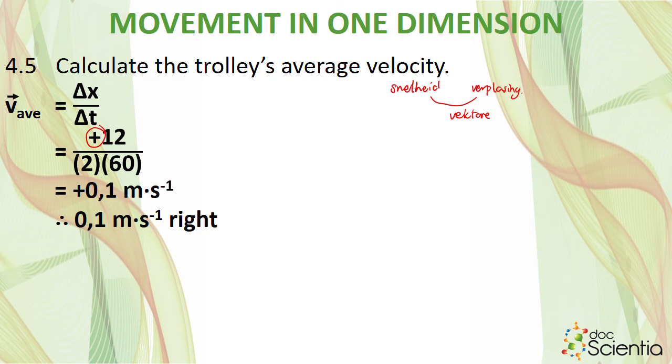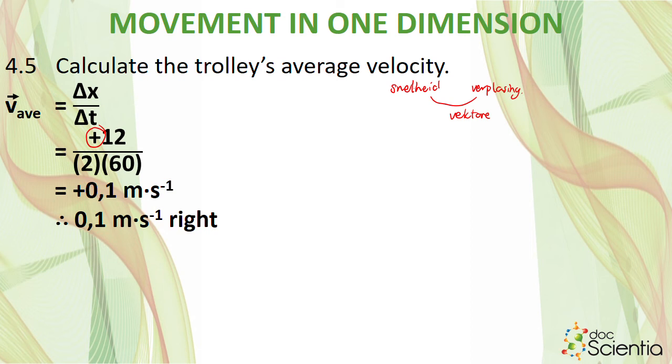So as sy byvoorbeeld 12 meter na links geëindig het, dan moet jy seker maak jy sit dit in jou antwoord so. So the number positive 12 is the displacement, want sy het mos soontoe geloop, toe bietjie teruggeloop, toe soontoe geloop. Maar al wat ons doen is ons kyk waar sy begin en waar sy geëindig, né? En die afstand tussen daai twee is 12 meter en dis na regs, want dis 'n verplasing, so hy's 'n vektor. Divided by 120 seconds, and then they say it's positive 0,1 meters per second.